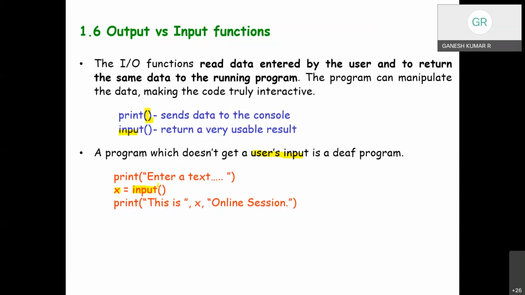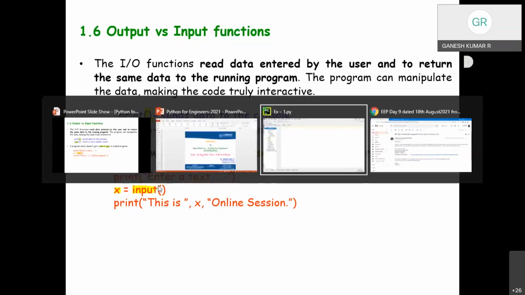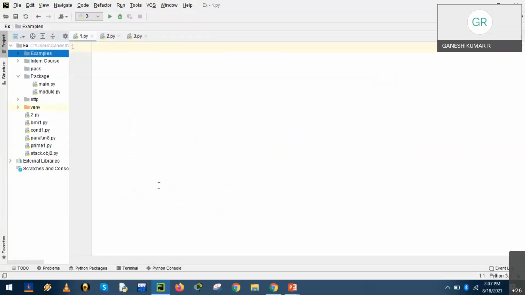Let us switch to the PyCharm editor and check the working of the sample program. I hope my screen, the PyCharm editor, is visible to you all. The first statement is print, enter a text.